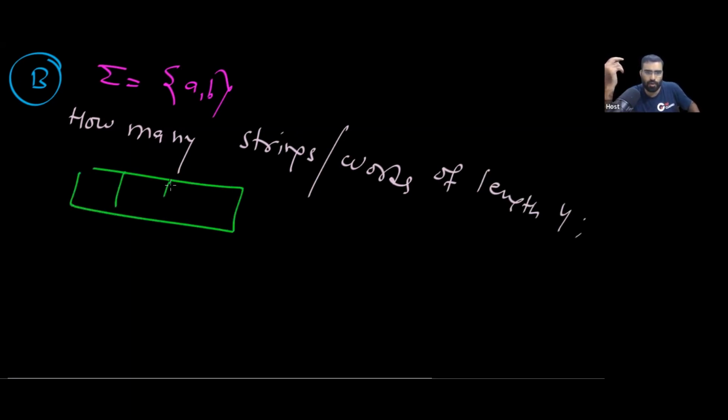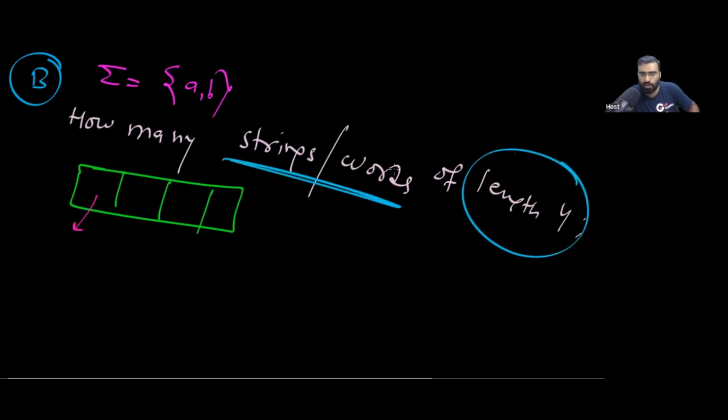You want length 4. Tell me, how many choices does the first position have? In the first position, I can put a or b. So there are two choices.